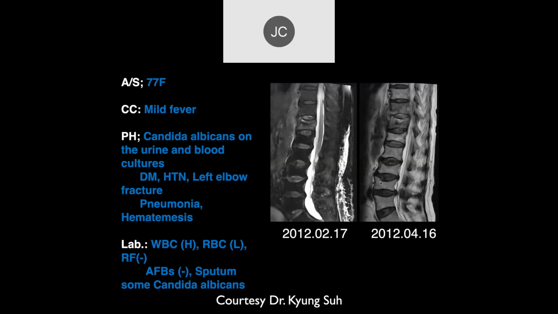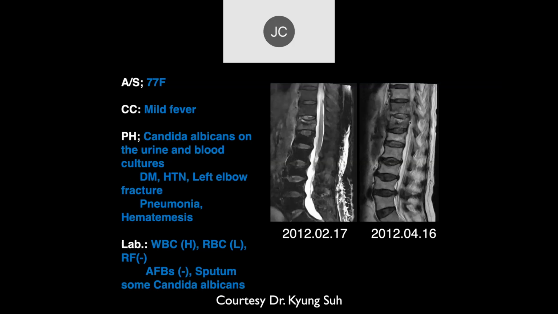Looking at the spine, what is that? So February and April. Okay. There's decreased signal in that lower L spine, but right there, I think, is where the action is. A little superior end plate deformity.